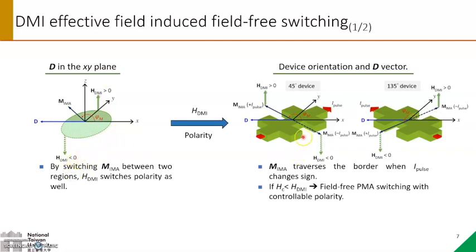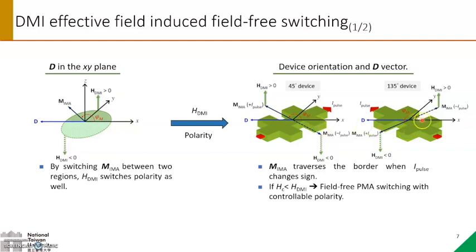Under sizable spin current, the in-plane magnetization switches following the type-Y scheme. For example, the MIMA in this 45-degree device can be switched back and forth between these two regions during current-induced switching. And how MIMA traverses the XY plane determines the corresponding HDMI, and thus the PMA's switching polarity.